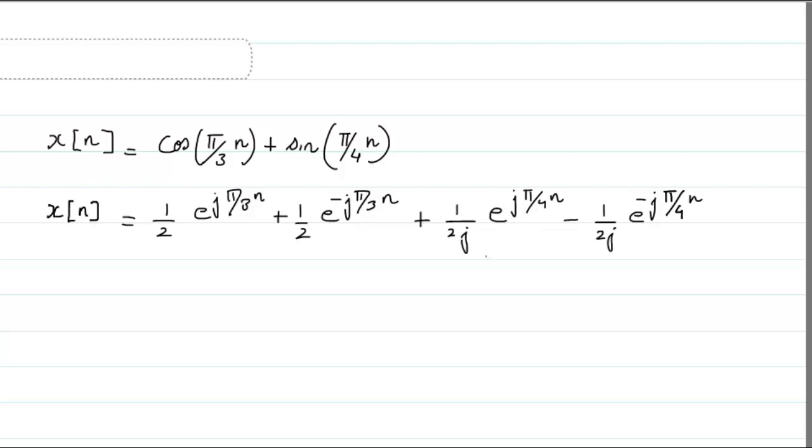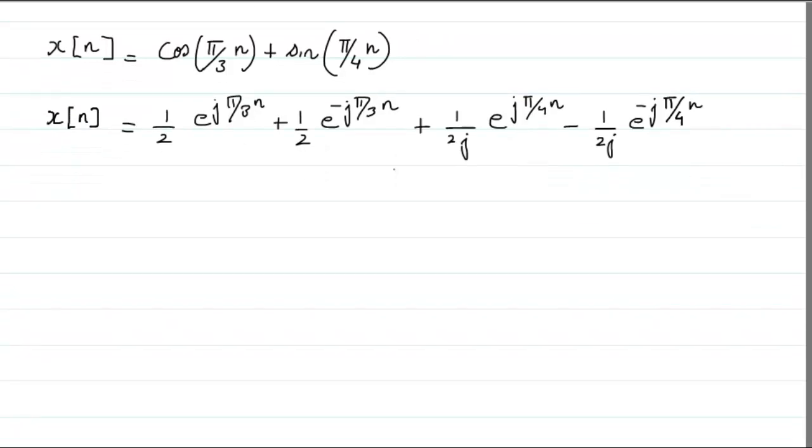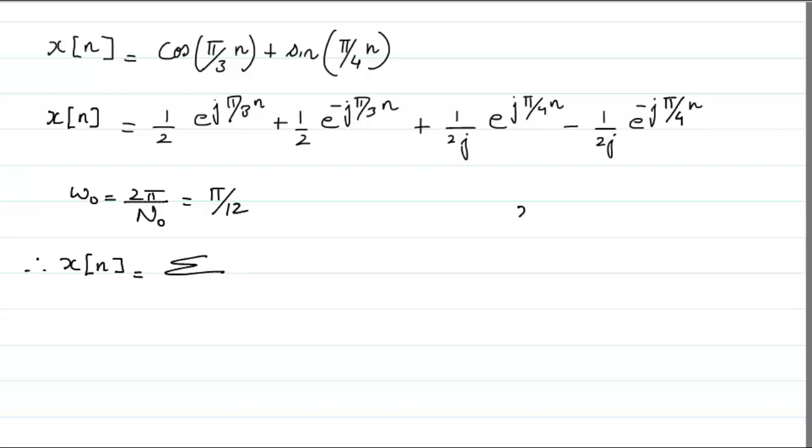Now I can compare it with the x of n using the DTFS. We know that omega naught is equal to 2 pi by n naught. Here n naught is 24, so we get pi by 12. Omega naught is pi by 12, and we know that x of n is basically given as summation. So now I have to start, since n naught is 24, I will start from minus 11 all the way up to plus 12.